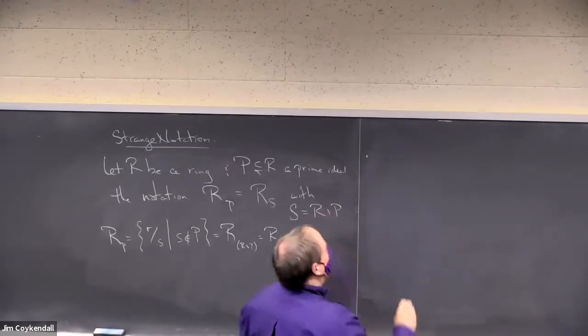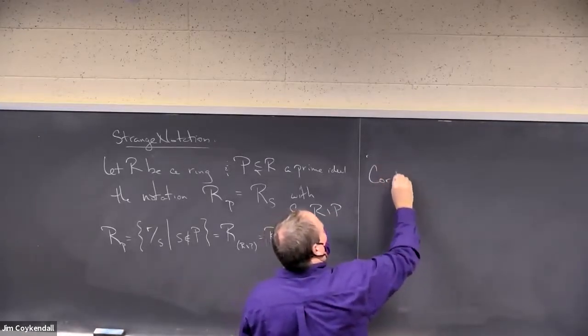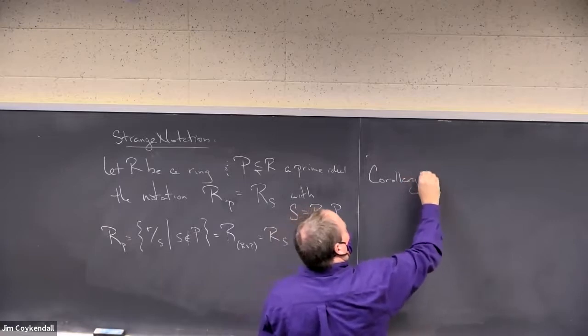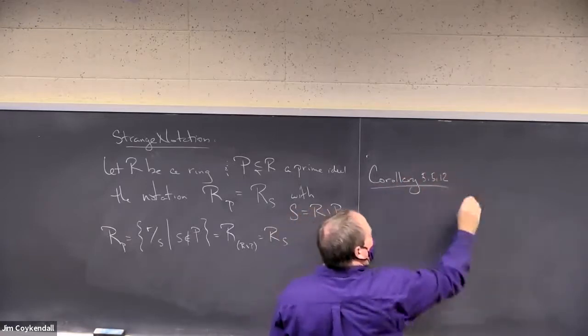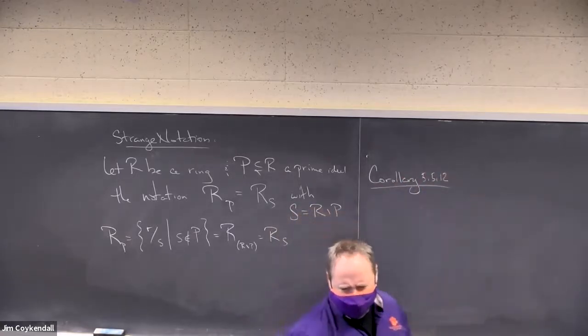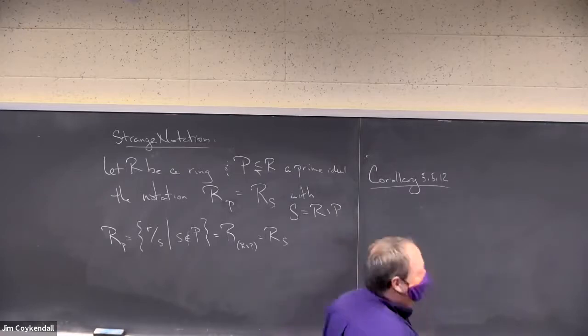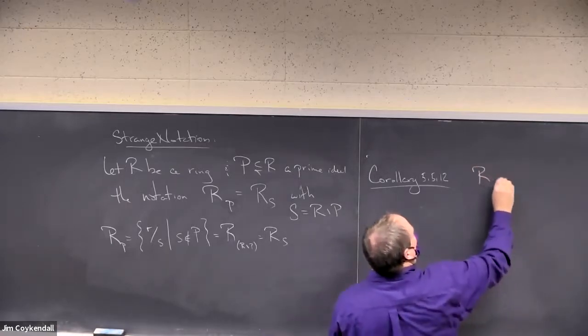So here's the last corollary. Let R be commutative with identity and P a prime ideal.